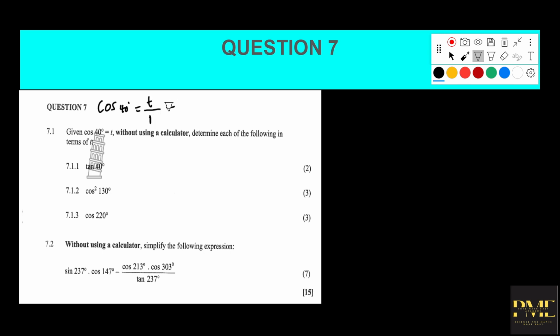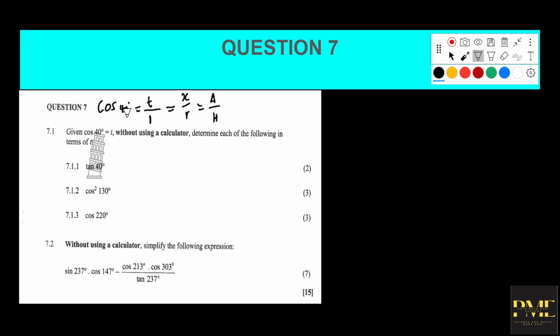So since we know that cos by definition in terms of x, y and r is x over r, we can conclude here that our t is x and our 1 is r. Likewise, if we define cos in terms of SOHCAHTOA, we can say that t over 1 is a representation of adjacent over the hypotenuse side relative to our angle 40.